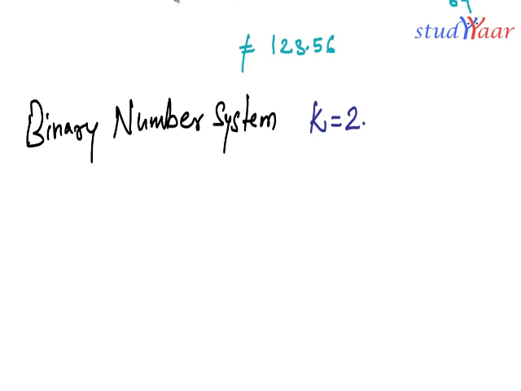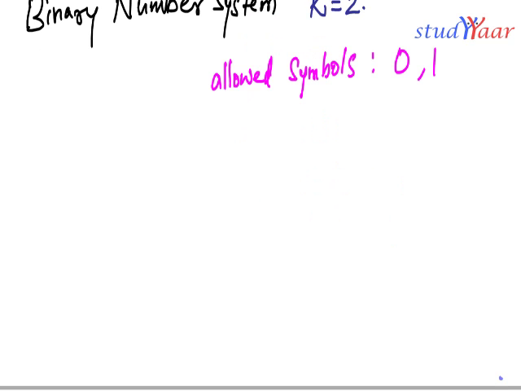The number of allowed symbols is 2, and these allowed symbols are 0 and 1. Okay, only these two symbols are allowed to form a number. Okay, this is my binary number system. These symbols are called as bits.